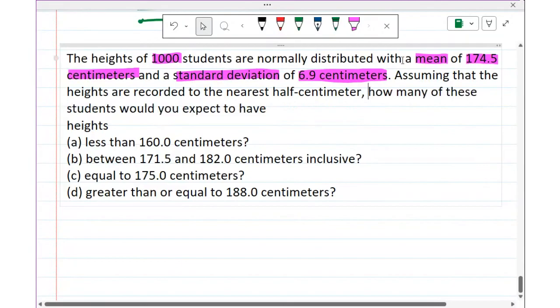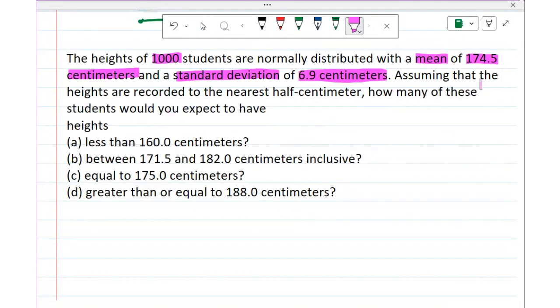What they are assuming is that the heights are recorded to the nearest half centimeter. What is the meaning of this? They record either a height of 160 centimeters, or the next height they record is 160.5 centimeters, then 161, then 161.5.